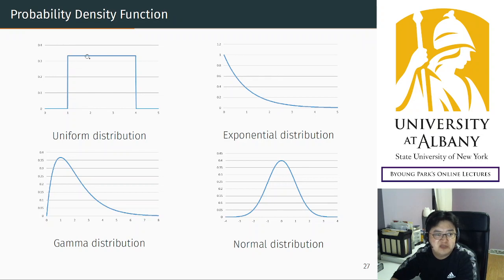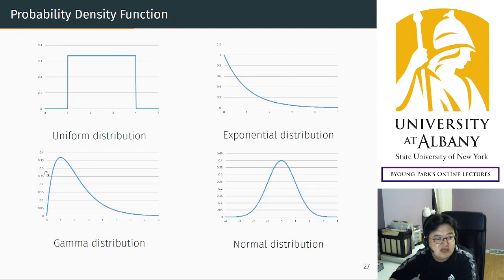And probability is put on this interval, and it is uniform. Equal probability on the interval between 1 and 4. And the exponential distribution has the most probability near 0. And that probability becomes lower and lower as it increases.